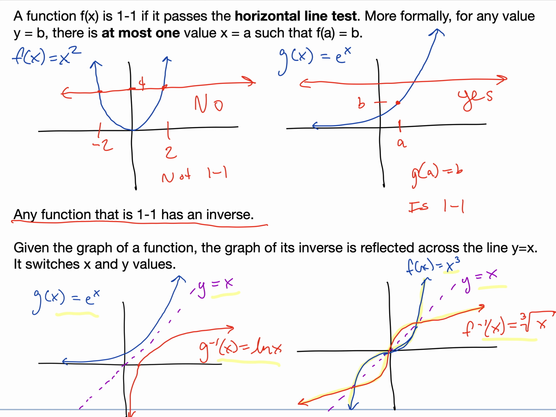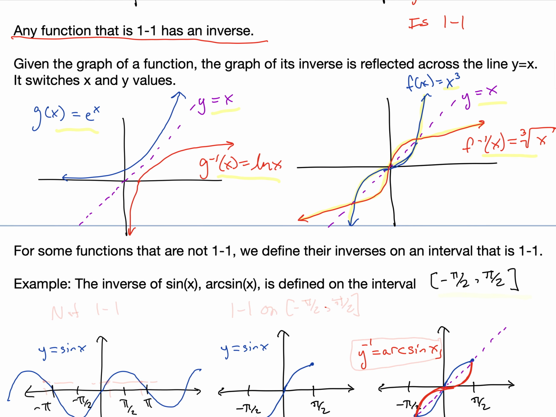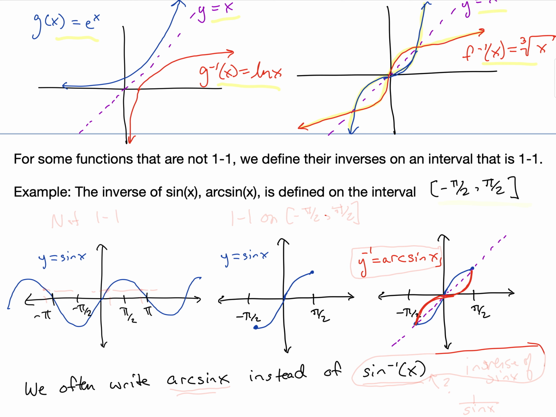For some functions that are not one-to-one, we define their inverses on an interval that is one-to-one. So for example, y equals sine of x clearly is not one-to-one. This does not pass the horizontal line test, because if we look at any particular y value, there are multiple x values that give that same y value.